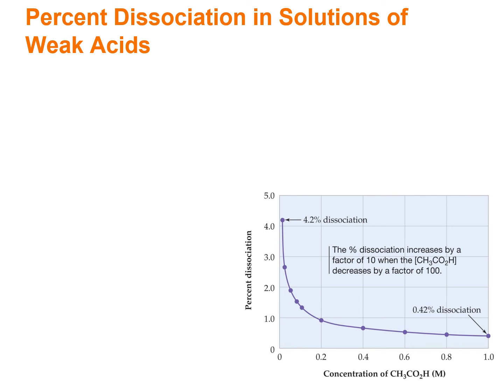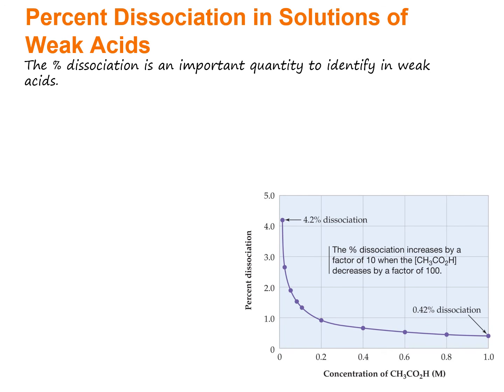So, percent dissociation in solutions of weak acids. One thing that is true is weak acids tend to dissociate to a greater degree when the concentration is very small. We can calculate this percent dissociation by taking the HA that has dissociated, dividing by the initial concentration we had, and multiplying by 100.